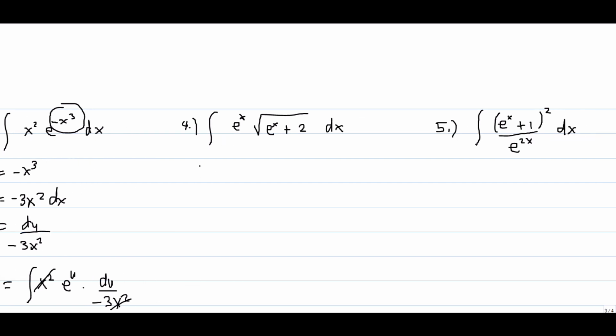Next, what is the antiderivative of e to the x square root of e to the x plus 2 dx? Okay, I let u be e to the x plus 2.